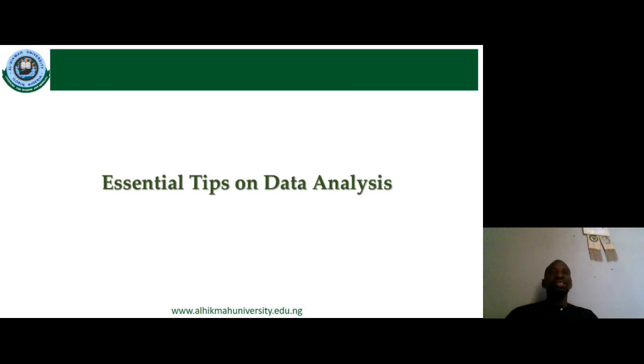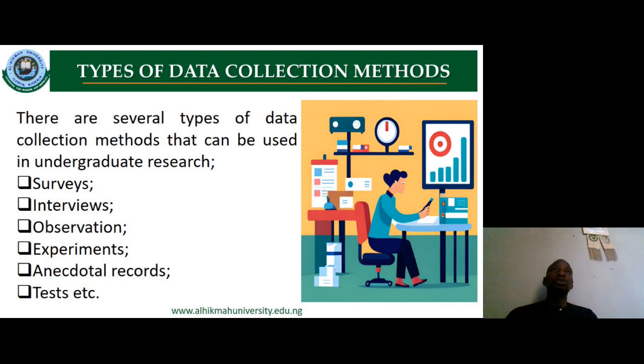When you have gotten your data, one important thing is that before you go to data analysis, before I specifically explain essential tips on data analysis, it is important for us to note that sometimes we can have missing data where there will be incomplete response, or sometimes you can have a situation whereby you have already projected that you want to collect 500 sample from your sample size and you are unable to get to 500.